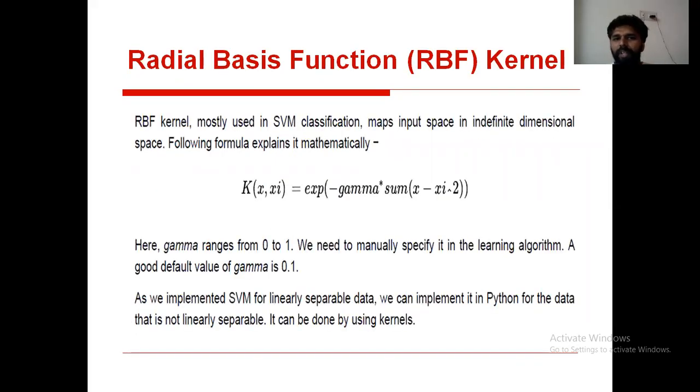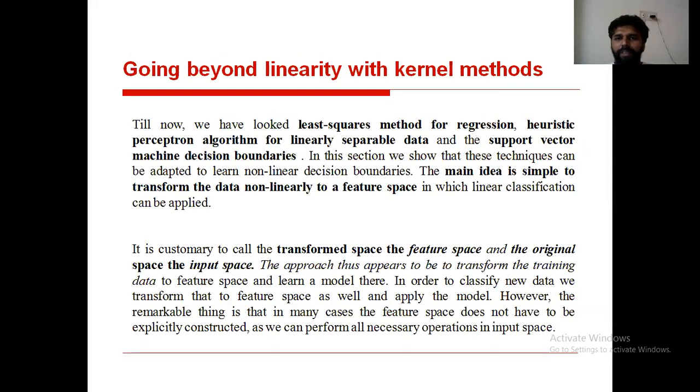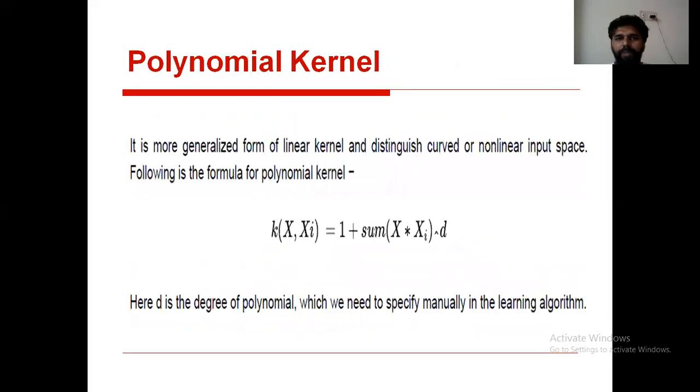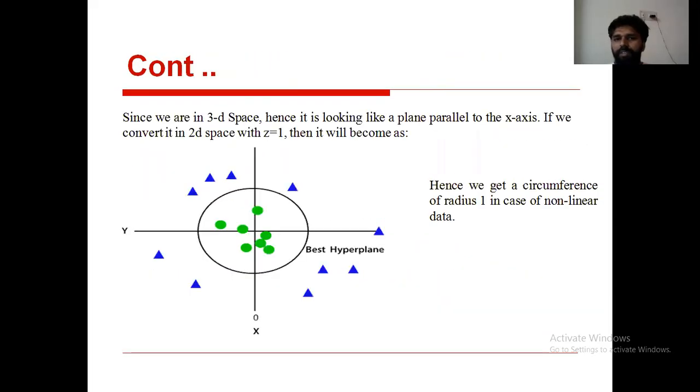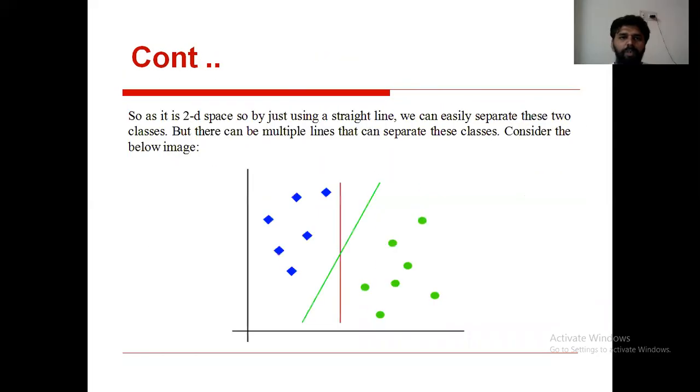And in the RBF kernel, we are using the formula RBF kernel k of x comma xi is equal to exponent of minus gamma into sum of x minus xi degree 2. Right? See, these are the different kernels we need to use to perform support vector machine classification.